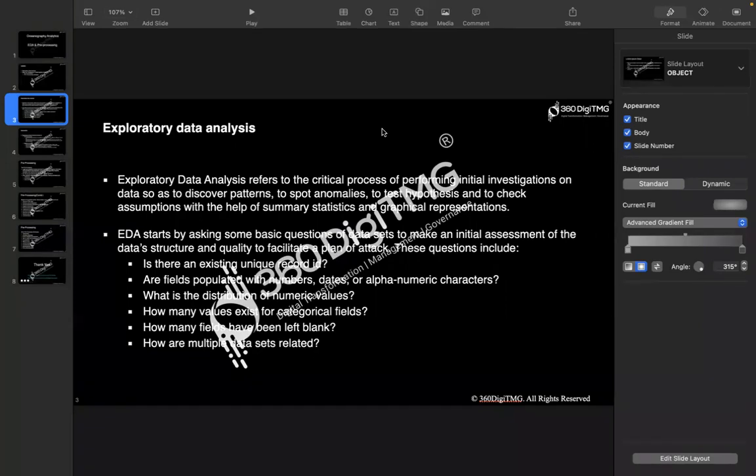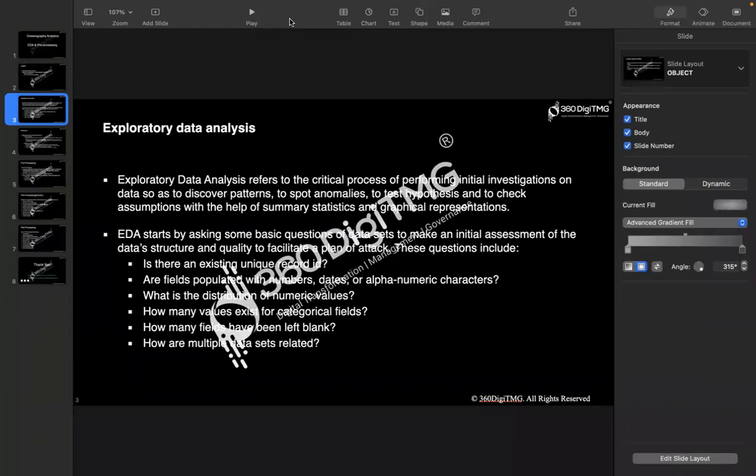EDA starts by asking some basic questions of the data sets, making initial assessments of the data structure and quality. So here they are.